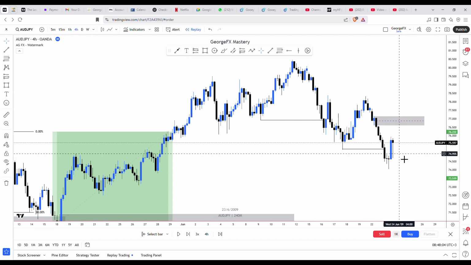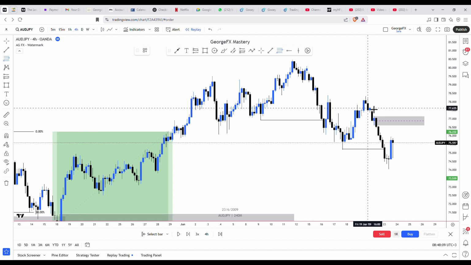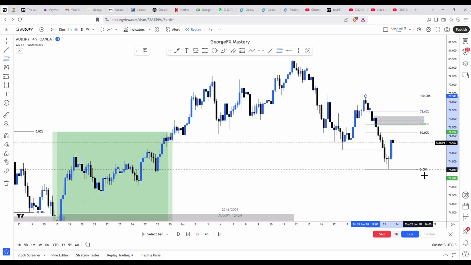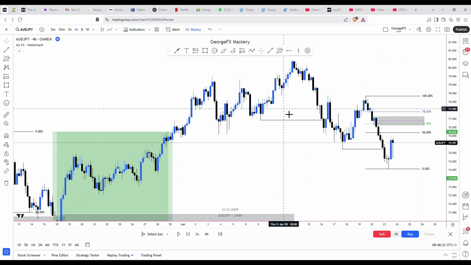I don't know if that will work, but let's just see what the fib is saying. That zone is in between our 50% and our 78%. So ideally it means we are valid, so we can take that particular order there.